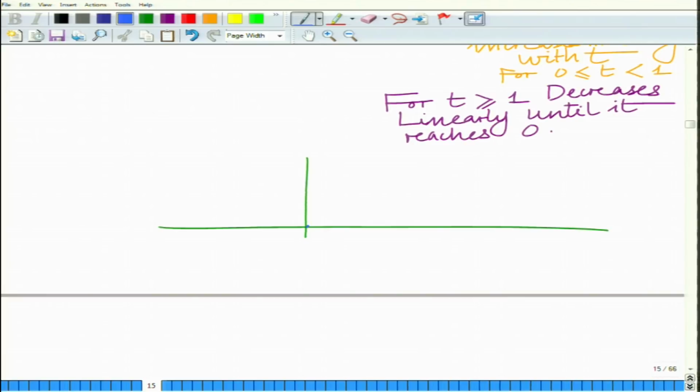So, this will look something like this: from 0 to 1 it increases. So, this is at 1, and from 1 it decreases until it hits 2. So, this is t, this height corresponds to the maximum overlap, which is 1, and this portion will be 2 minus t. Okay.